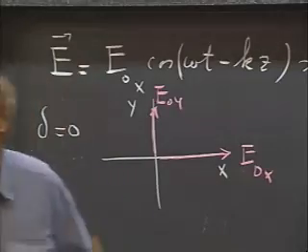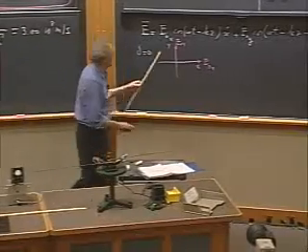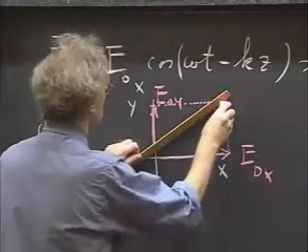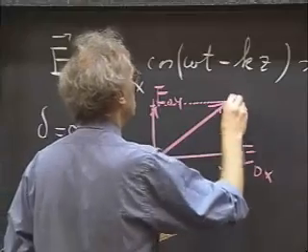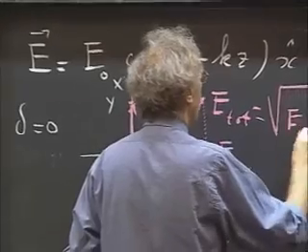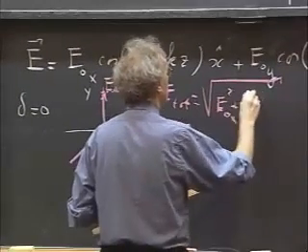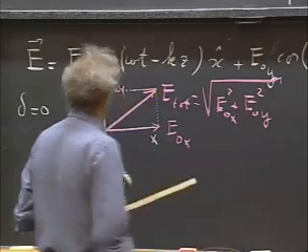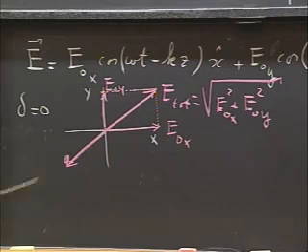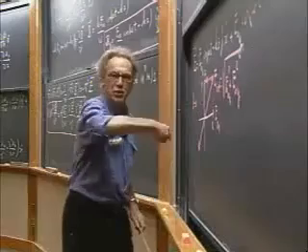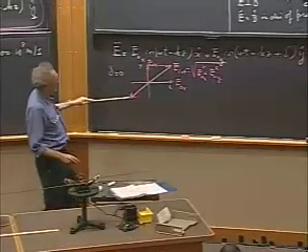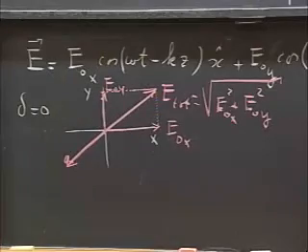So what is the net E vector? That is the vectorial sum of the two. So this is E total, which is the square root of E0x squared plus E0y squared. And if you see this coming to you, you will see an electric field going like this. Linearly polarized. No longer linearly polarized in the x direction, no longer in the y direction, but in this direction.